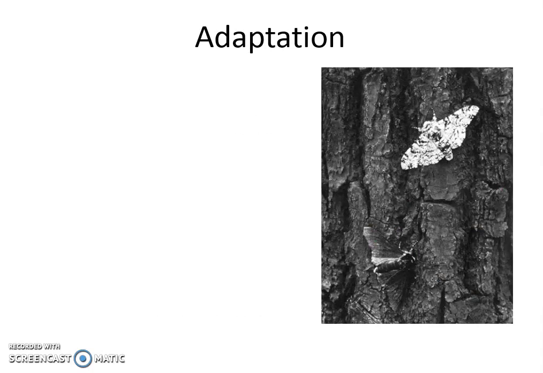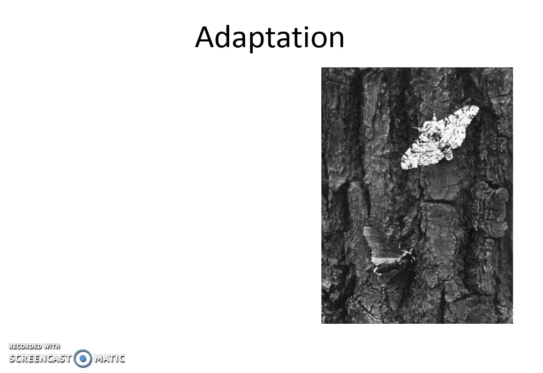All right, so not every variation is going to be good. Now, originally, if the trees were all light colored and you were born with light coloring as a moth, you were doing great. But if the trees all of a sudden started getting really dark, what used to be an adaptation is now a liability.